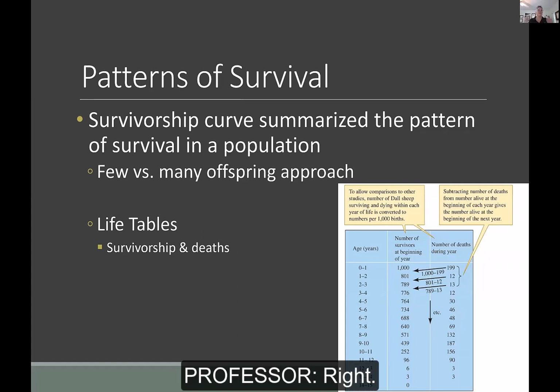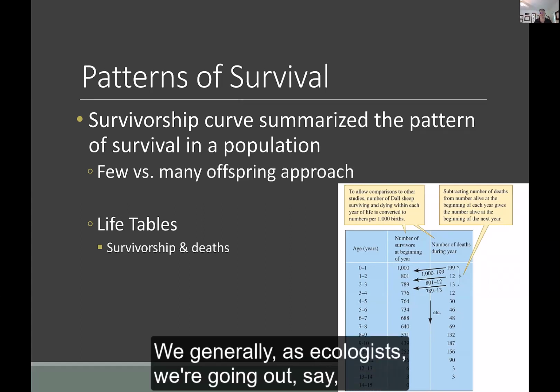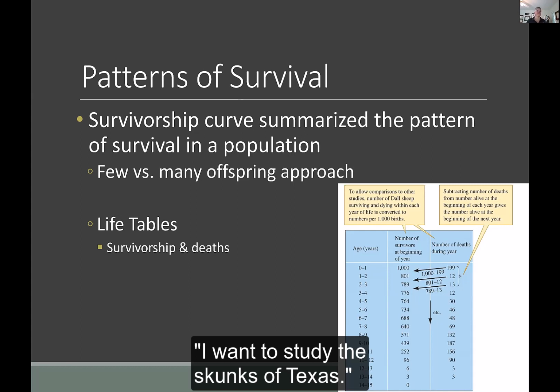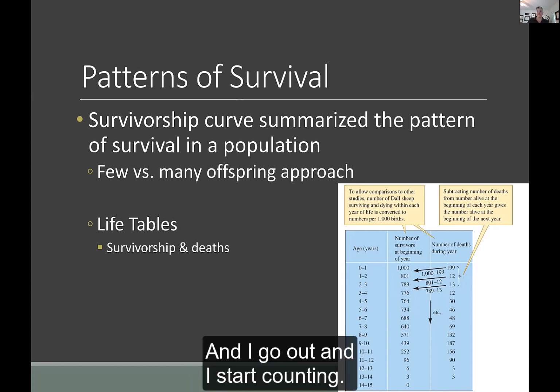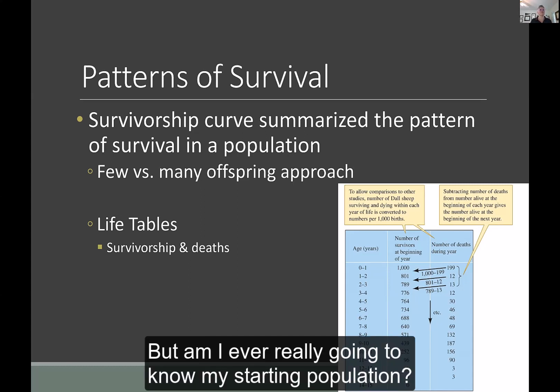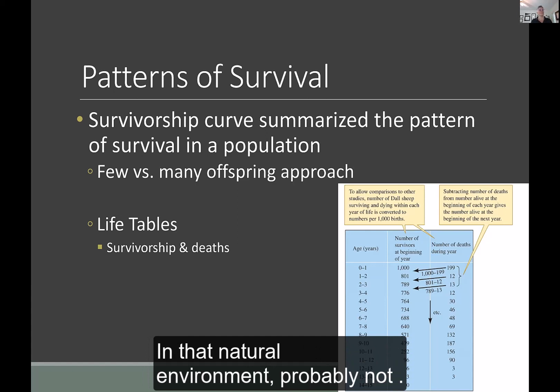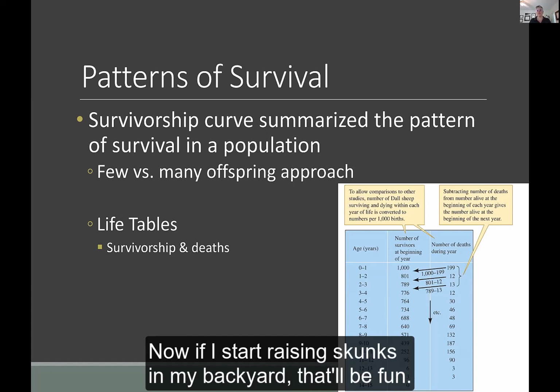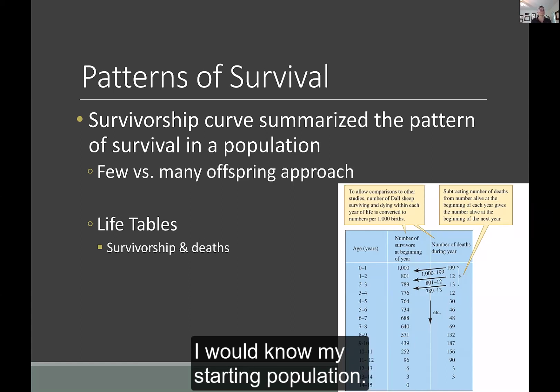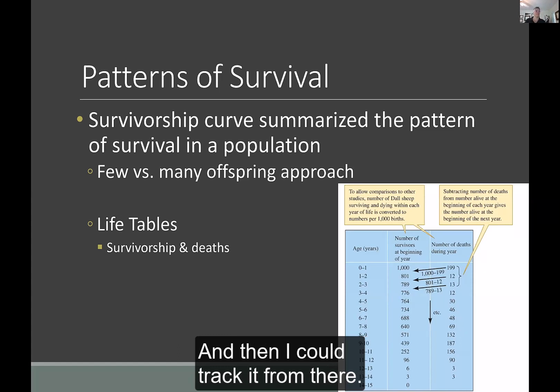As ecologists, we go out, say, I want to study the skunks of Texas, and I start counting, but am I ever really going to know my starting population in that natural environment? Probably not. Now, if I start raising skunks in my backyard, that'll be fun, I would know my starting population, and then I could track it from there.